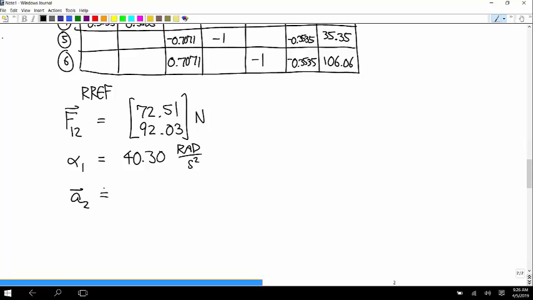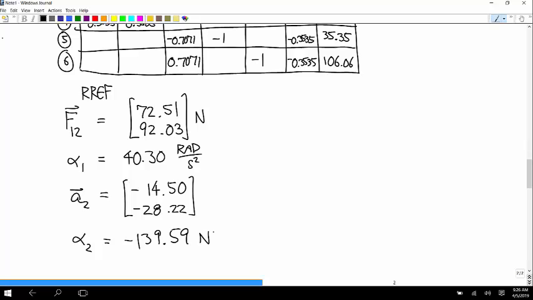The acceleration of the center of mass of 2 is negative 14.50, negative 28.22. And the angular acceleration of 2 is negative 139.59. Any questions about the calculations or anything?